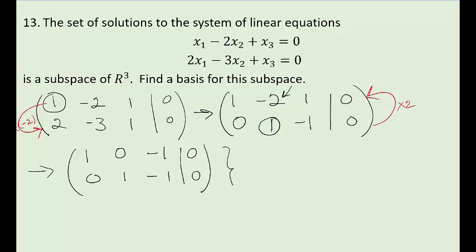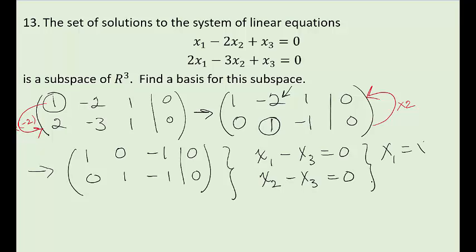I can see the relationship between my x1, x2, x3 better. Here I have x1 minus x3 is equal to 0, and x2 minus x3 is equal to 0. So we can see that x1 is equal to x3, and x2 is equal to x3.